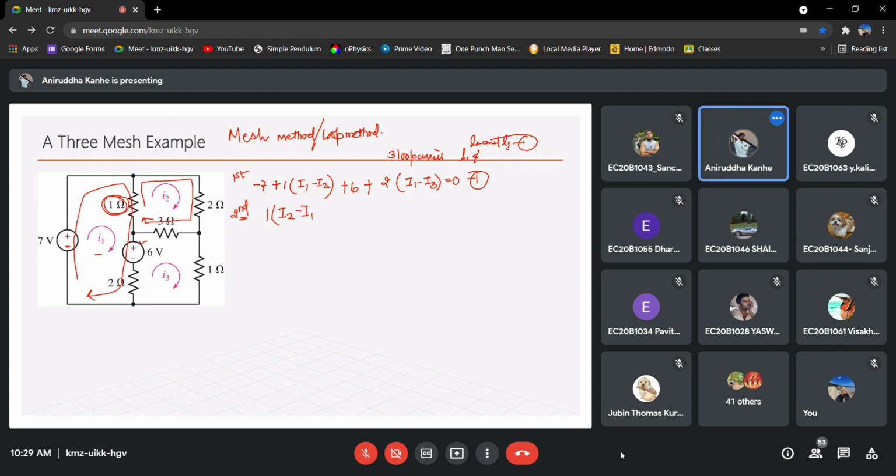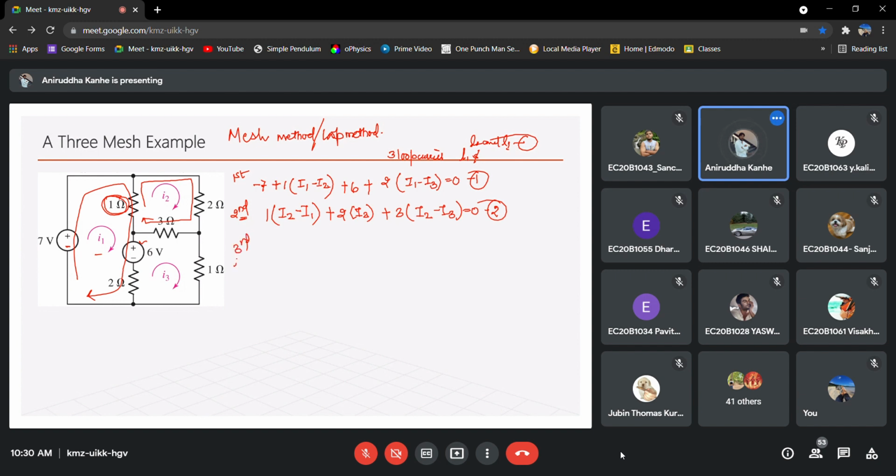I2 minus I1 plus 2 into I2 plus 3 into... What about the direction of I2 and I3? Both are opposite with respect to this 3 ohm resistance, right? So 3 into I2 minus I3 is 0. So that's your equation number 2.